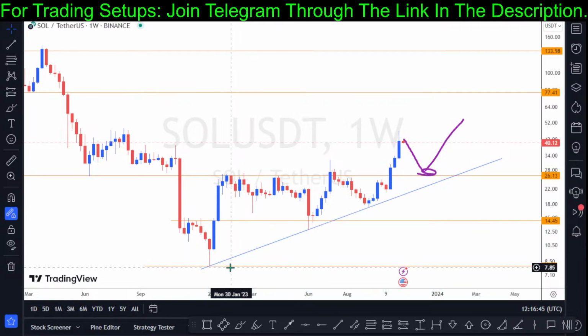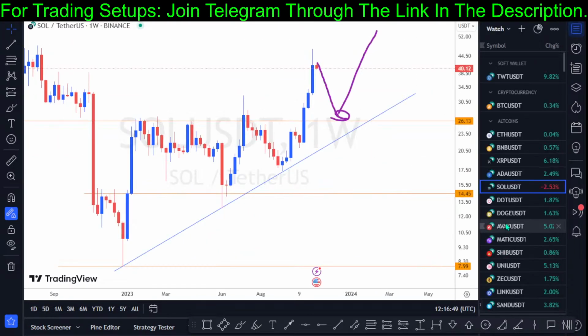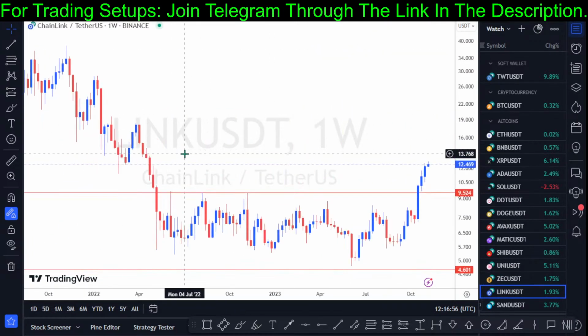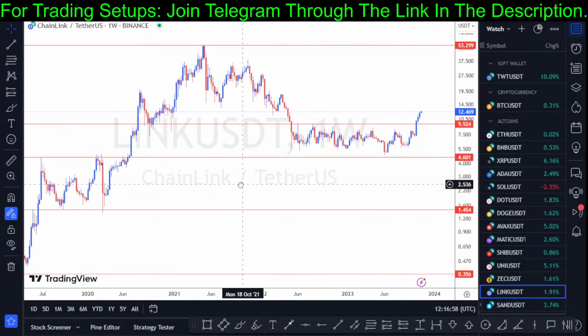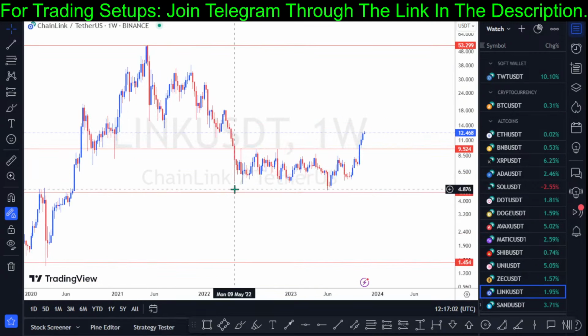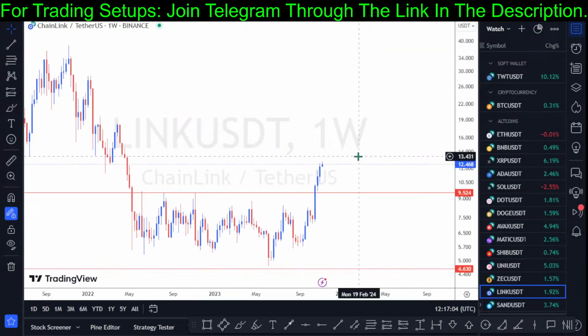All right. So next, I have Chainlink. Let's check that. So Chainlink, this is what we have. This market is a ranging medium, so I'm currently monitoring to see how price is going to break out of the ranging medium. Price already broke out right here. So this is what we have in the ranging medium.